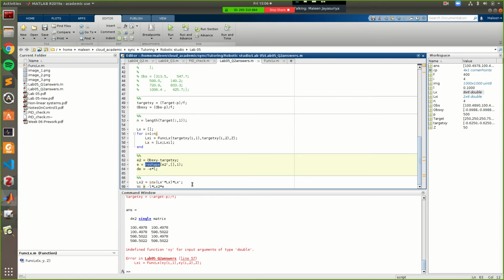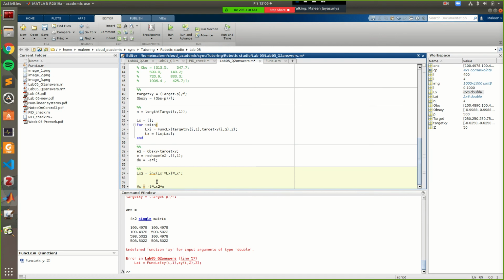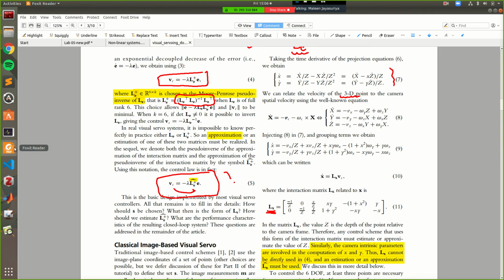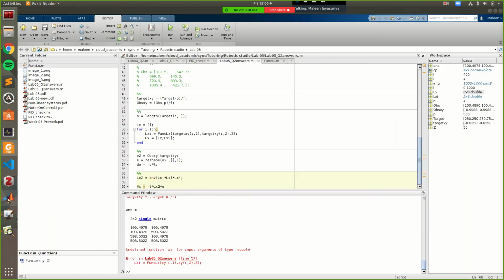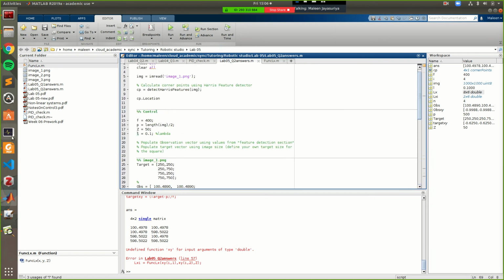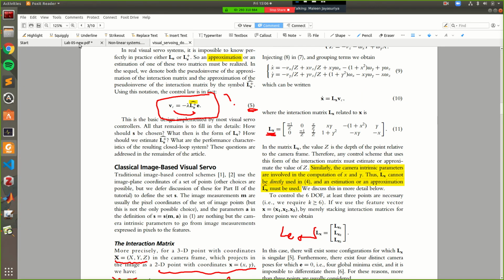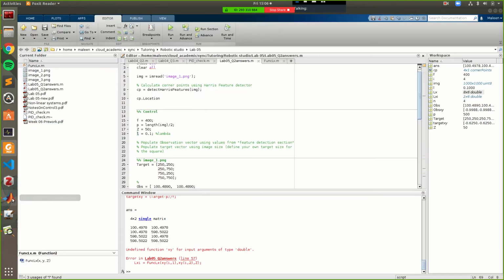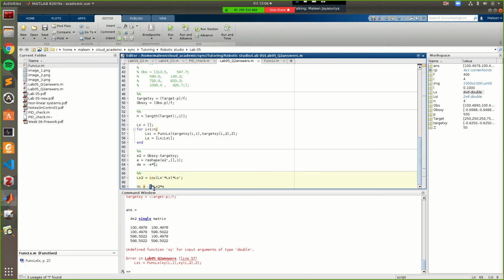So that is this line, right? Once I do that, the velocity of my camera or the velocity of my gripper is just simply equation number 5. So I multiply Lx2, which is the pseudo inverse, into lambda, which is given here, into those errors, and finally I'll get the velocity.